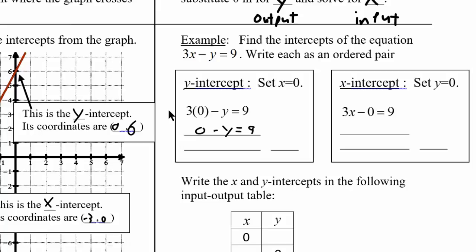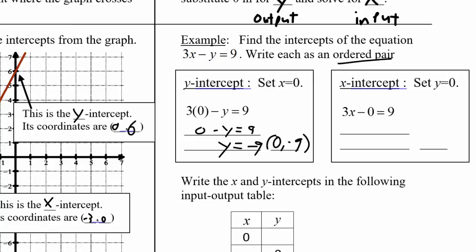And if we solve this, we end up with y equals -9. Right? We can divide both sides by -1 to make y positive, and we end up with y equals -9. And it does say write as an ordered pair, so I suppose I would write this as 0, -9.